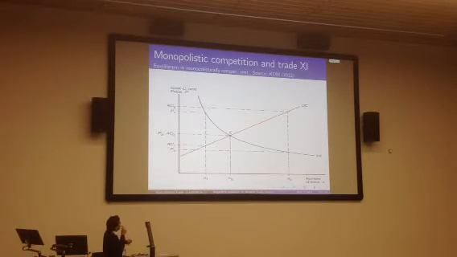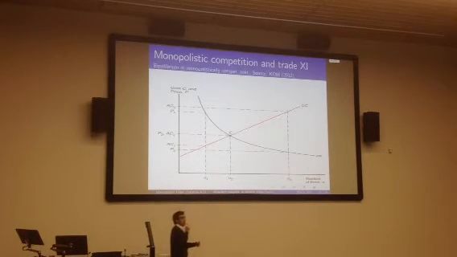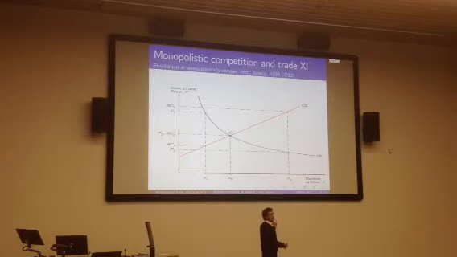So more firms reduce the price, and then in equilibrium, price, measured on the vertical axis, blue curve, will have to be equal to the average cost, measured on the vertical axis, red curve, and you get this number of firms, the only number of firms that is compatible with long-run zero economic profits.